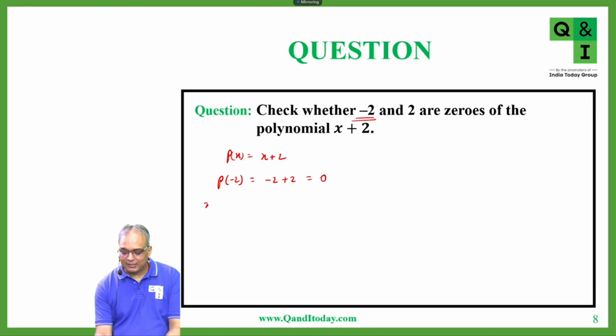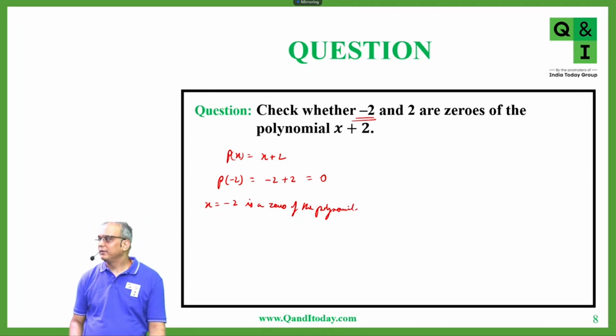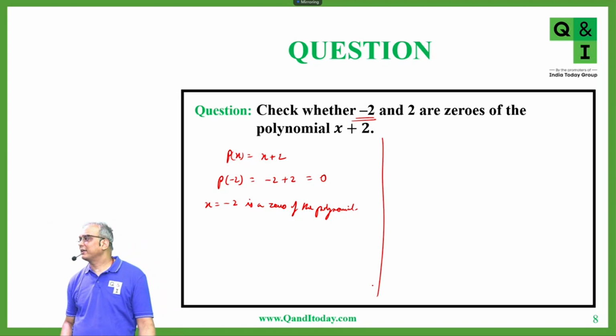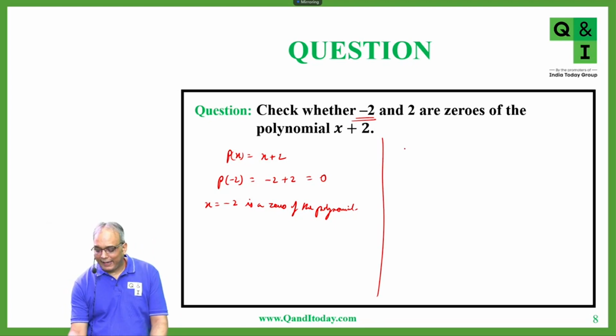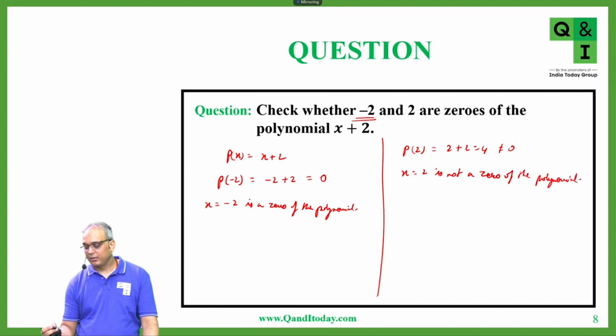So that means x is equal to -2 is a 0 of the polynomial, because it gives the value 0. Yes, Anay and Rudra, correct. And for p of 2, we will get 2 plus 2 equal to 4, which is not equal to 0. So x is equal to 2 is not a 0 of the polynomial. Correct?